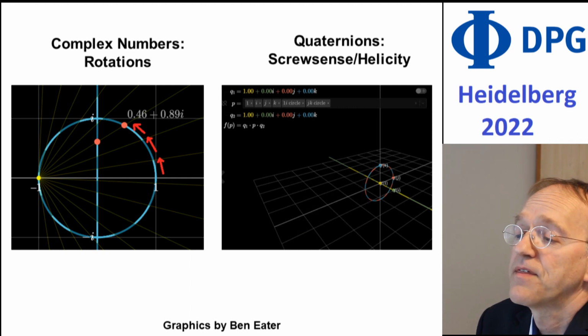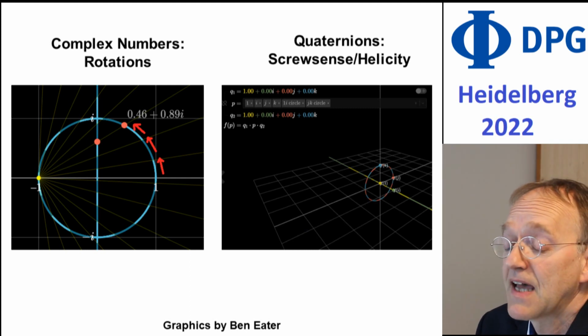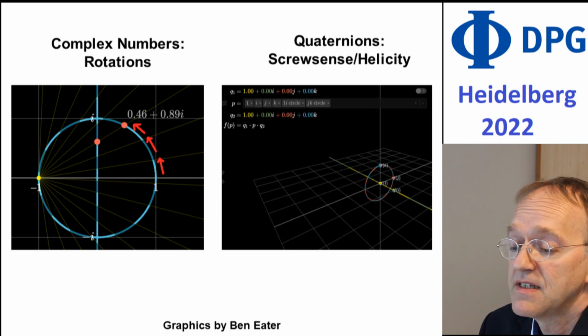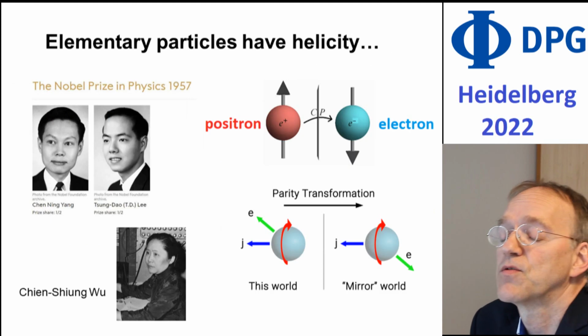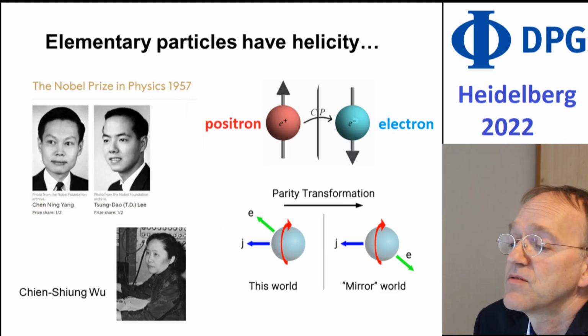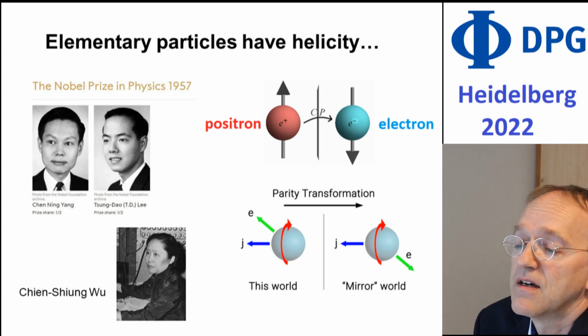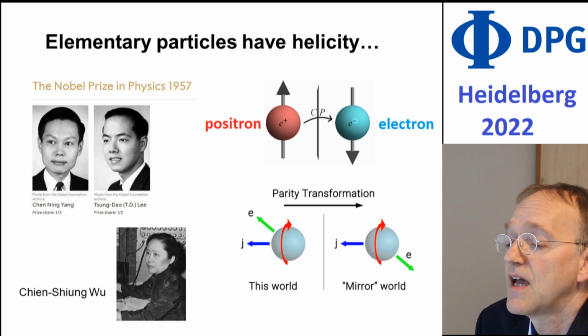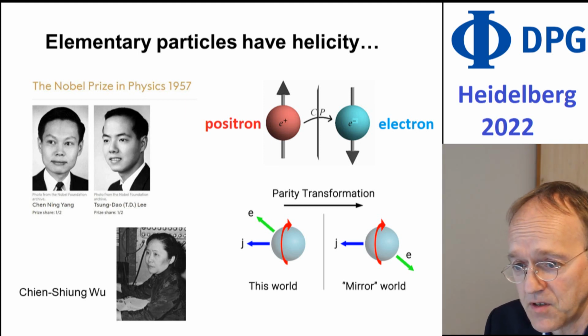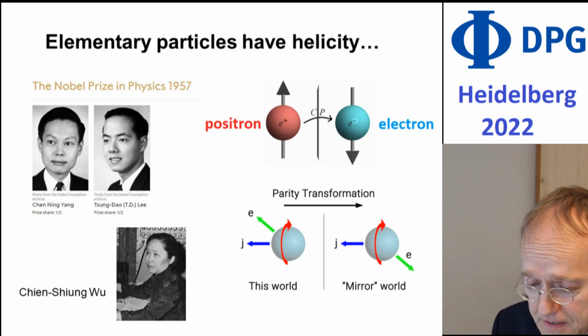And this is, I think, a very exciting observation, because screw sense and helicity is exactly what we observe in elementary particle physics. We have positrons and electrons, and these particles have proven to have a helicity. There was the Nobel Prize in 1957.